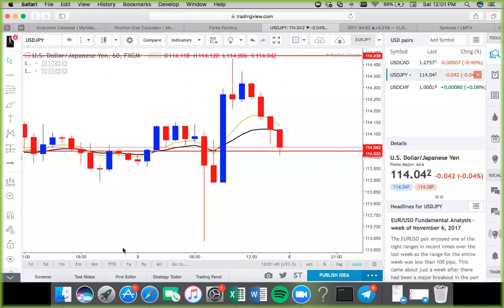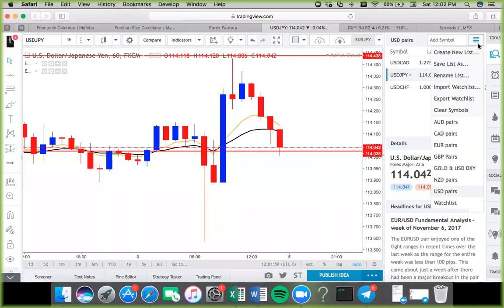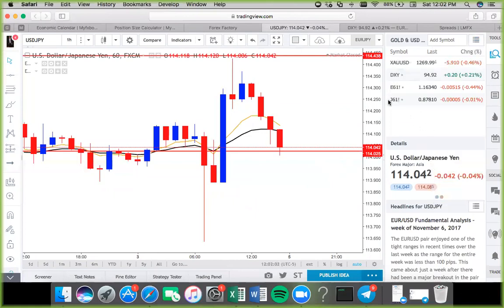What you all need to understand is the DXY and something called correlated pairs. When I monitor the DXY and futures, there's a Euro future and a JPY future. They control the strength of the yen, the euro, and the US dollar, respectively.